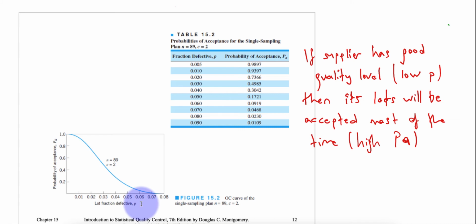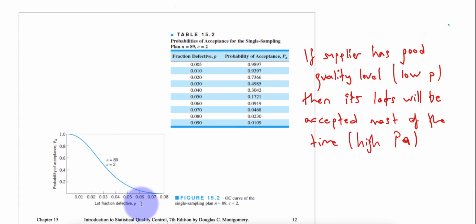Maybe we do not know the exact lot fraction defective, but when we take a sample and count the number of defectives, and we do that for several lots, let's say 1,000 lots, we can come up with a probability of acceptance of these lots.